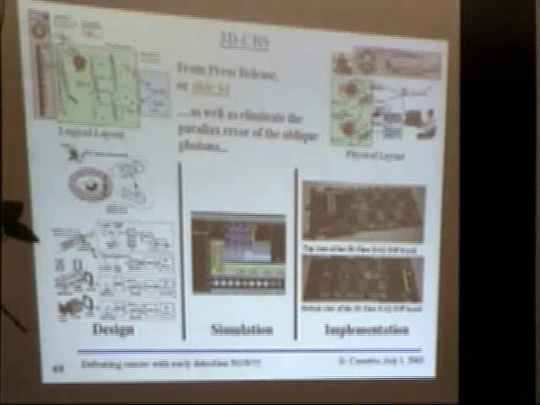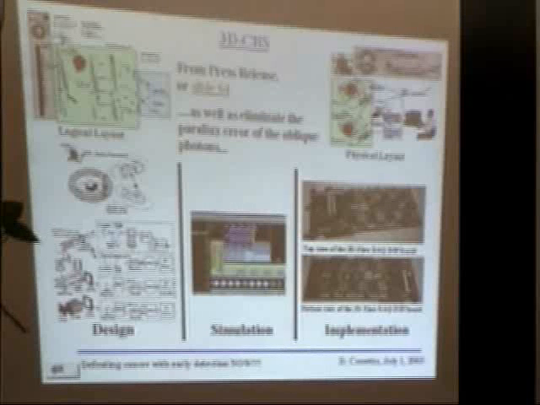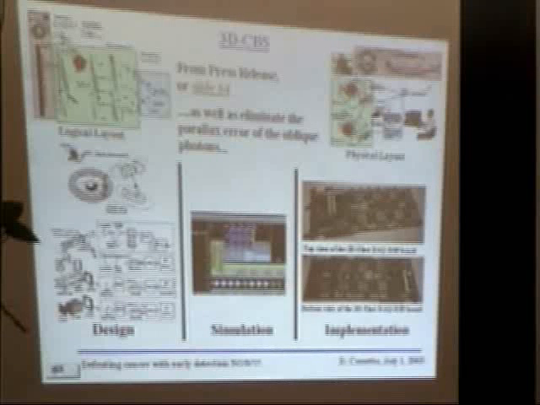So by measuring the decay time electronically, he can determine if the hit was in this section, that section, or the other section. With the electronics, that is the thing that the 3D CBS, the 3D flow, can do, because it can process and calculate the different decay time of the signal.